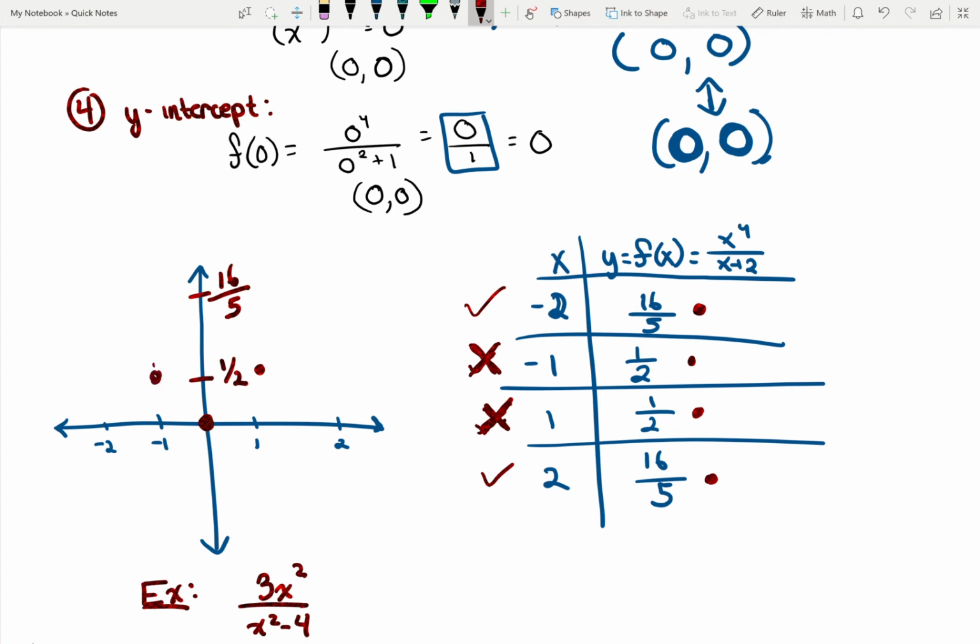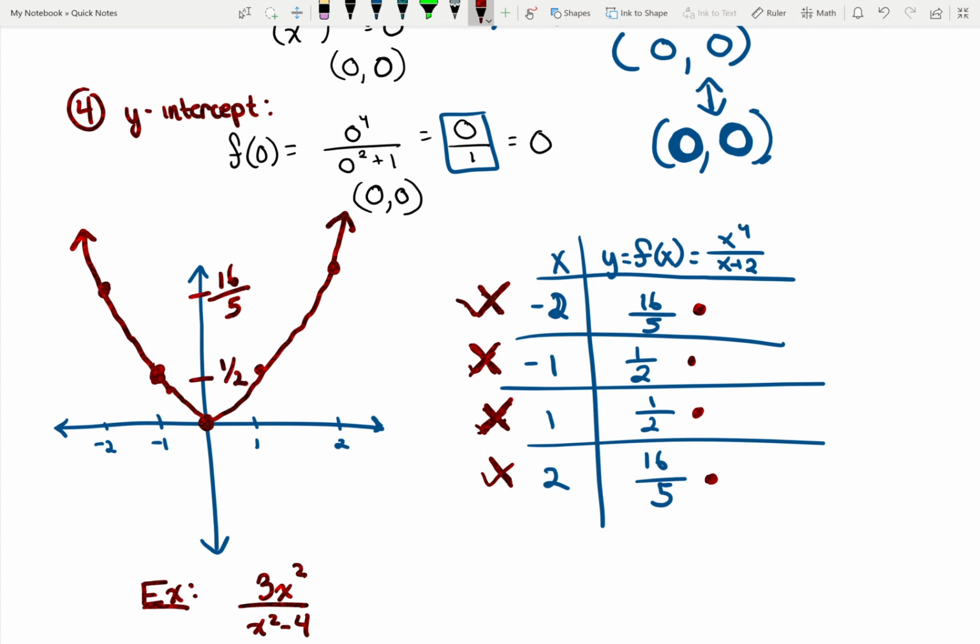So it looks like this. When x is minus 2, I get 16 over 5. And when x is 2, I get 16 over 5 as well. So we have enough points where we can kind of connect the dots here. Our graph looks something like this. Boom. And boom.